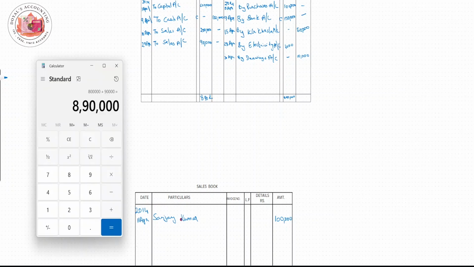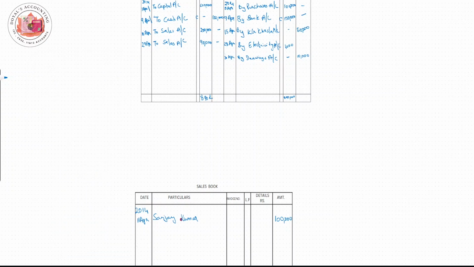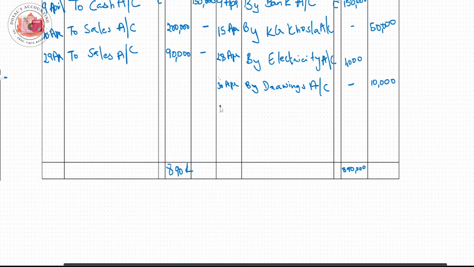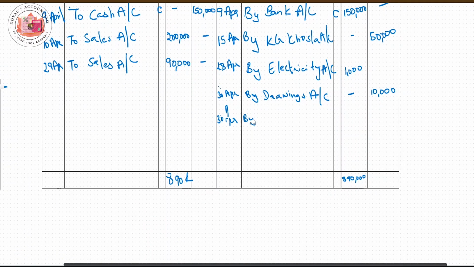So let's calculate the balance. So 8,90,000 minus purchases of 1 lakh, then minus 1,50,000 minus 1,000 gives me a cash balance of 6,39,000. So I will write on my credit side, 30 April, by balance carried down 6,39,000.